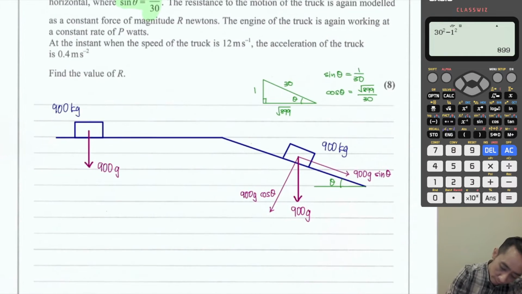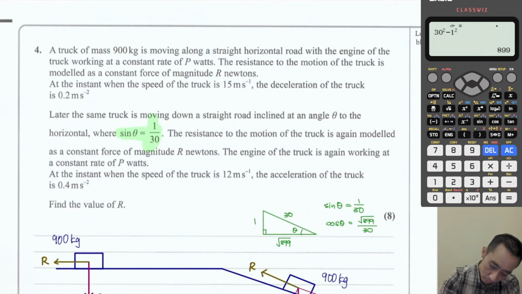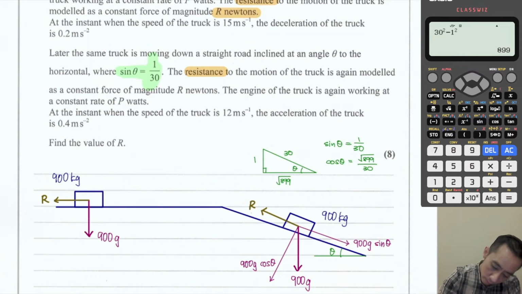The resistance force here, because the truck is moving to the right, is in this direction, a constant R. The resistance has magnitude R Newton.